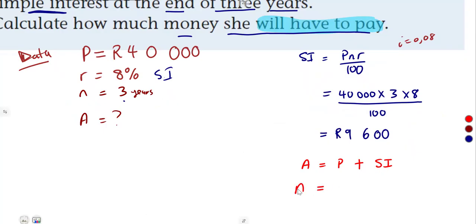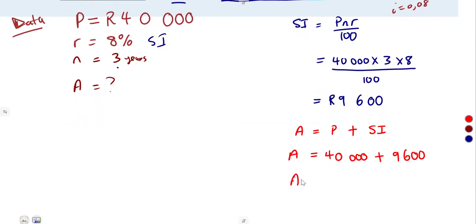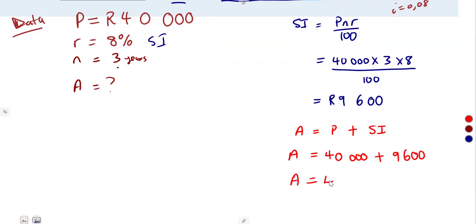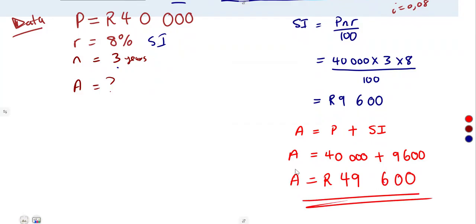The principal is 40,000, plus the simple interest, 9,600. So this gives us the accumulated amount, the money to be paid over the period of 3 years. So that is 49,600 rand. Just like that, you have got the accumulated amount.